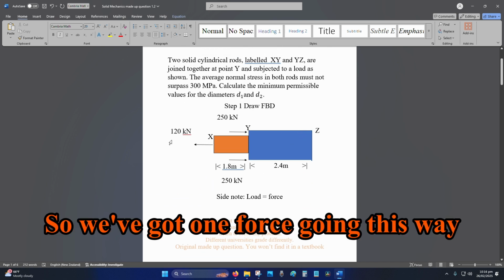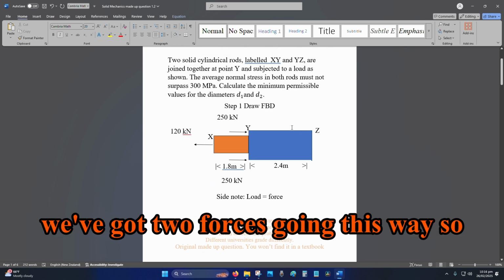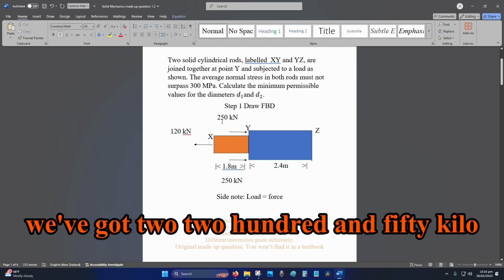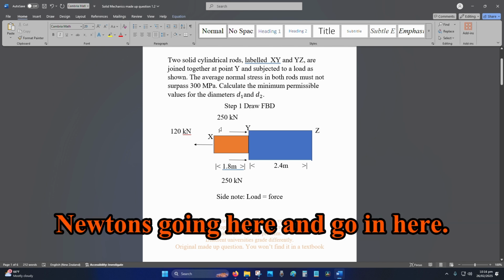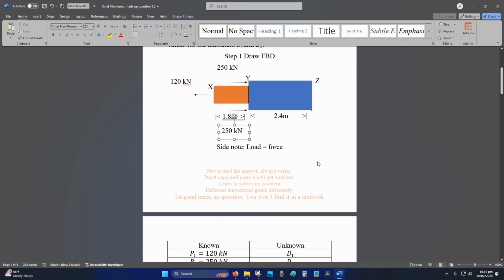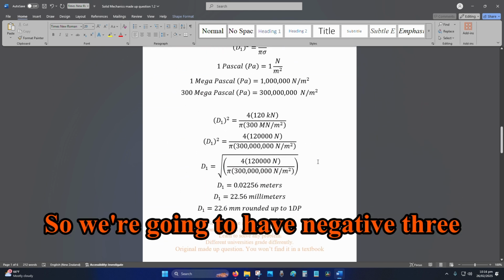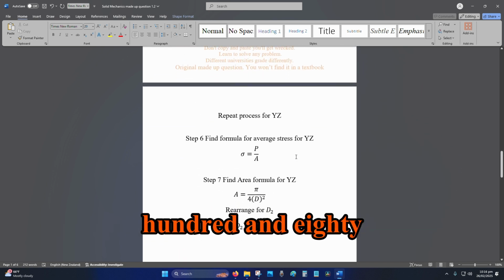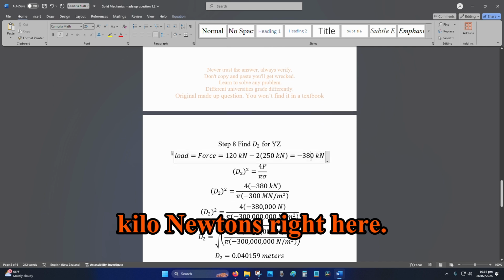So we've got one force going this way, we've got two forces going this way. So we've got two 250 kilonewtons going here and going here. So they're pulling on the right and this one's pulling on the left. So we're going to have negative 380 kilonewtons right here.